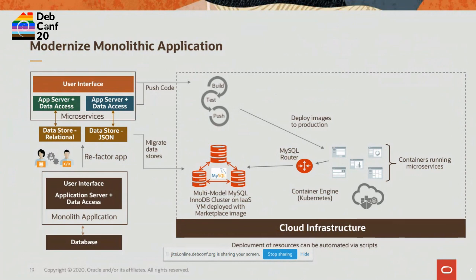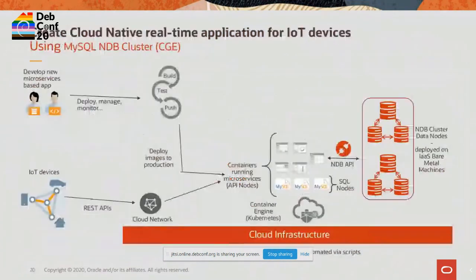So in this example, we have broken up a monolithic application to be containerized using an automatically highly available MySQL data store as a database service. Last but not least, absolutely very fitting to the cloud native world, is a real-time application for IoT devices.